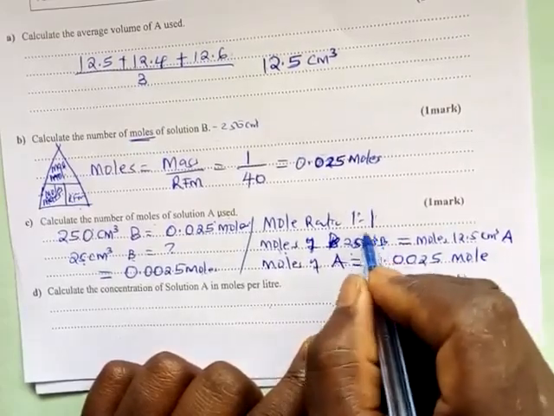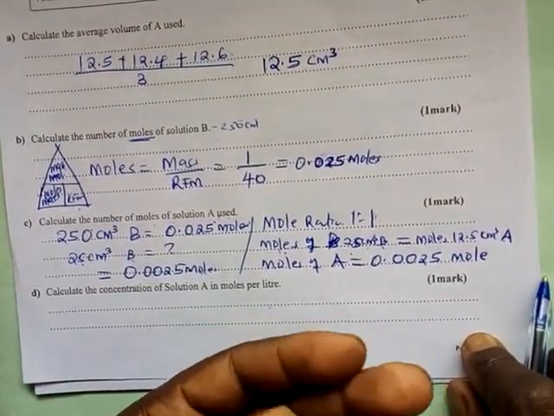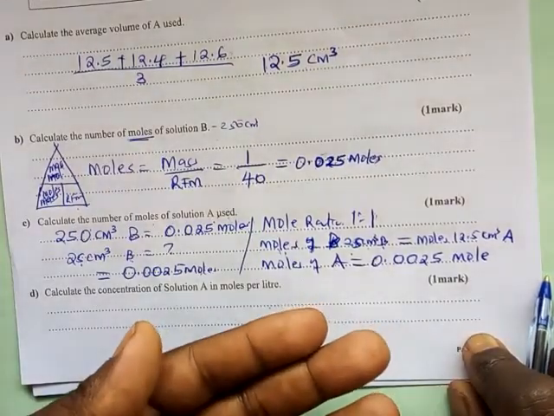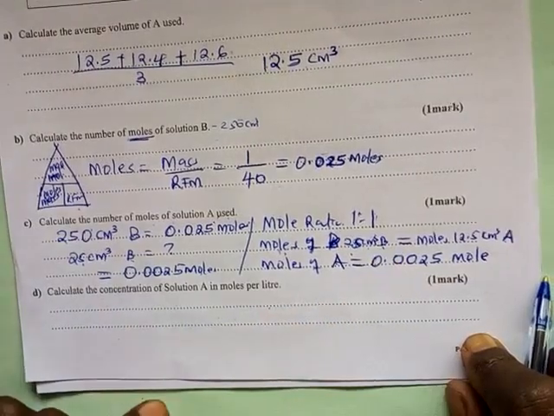Why? The ratio is 1:1. This is a monobasic base and a monobasic acid, like sodium hydroxide plus HCl. The ratio is 1:1. So the moles is like that.